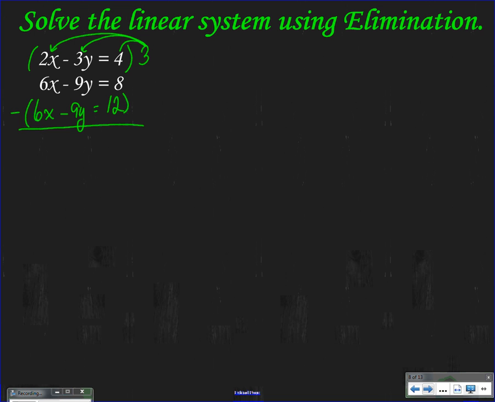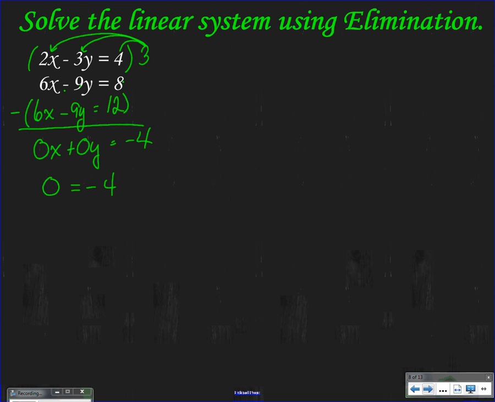I'm going to get rid of my x for sure. 6 minus 6 is 0x. Negative 9 minus 9, oh, that's plus 0y, equals 8 minus 12, negative 4. So this side, 0x plus 0y is just 0, equals negative 4.